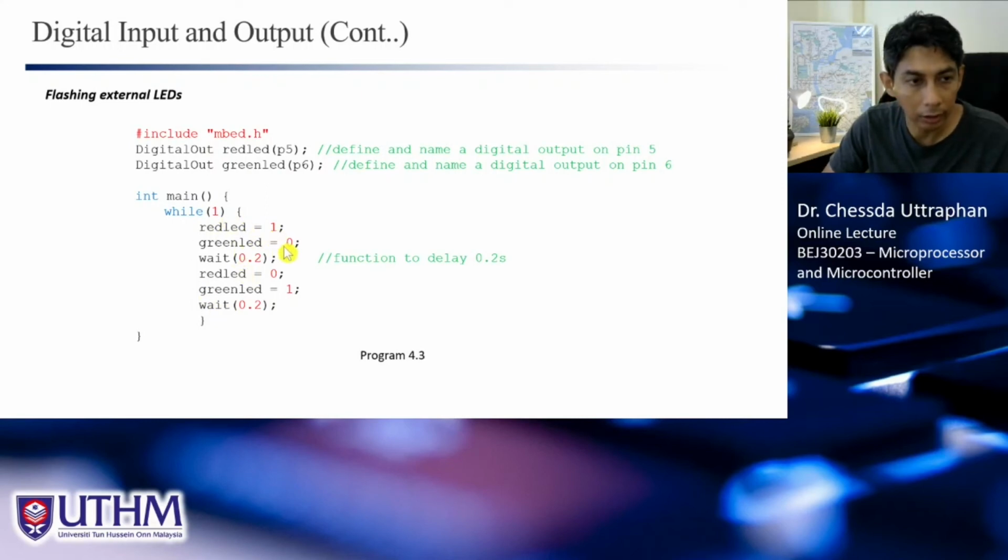We turn on, turn off, here LED red turn on, LED green turn off, and we wait, and we turn off the red and turn on the green. So you can see the alternate flashing here.